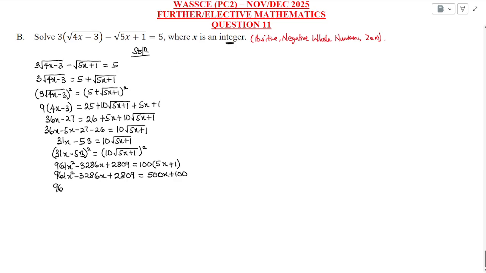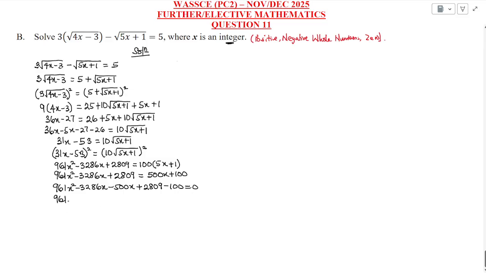So I have 961x squared minus 3286x, then minus 500x. I'm grouping them straightforward. I have 2809 minus 100, and this gives me 0.